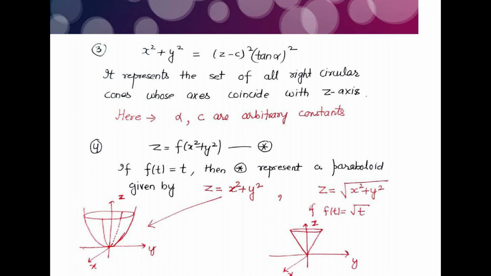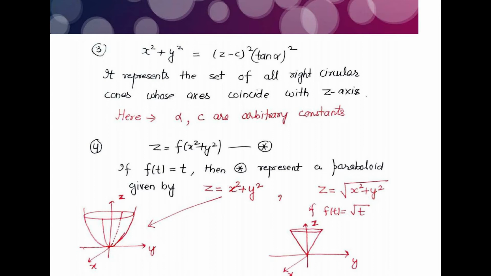Then we put t equal to x square plus y square. Then this function will be z equal to x square plus y square. And we know that this is a paraboloid, and clearly see the graph on the left hand side, it is a paraboloid. If I take f of t equal to square root of t, then what will be z?